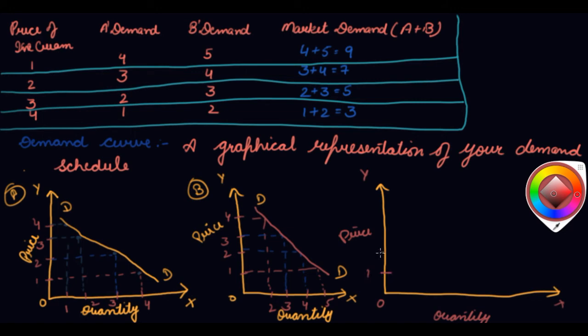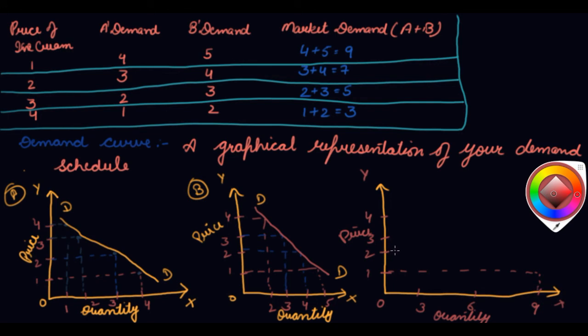Price 1, 2, 3 and 4. Quantity 9, and then let's take it on the scale of 3, 6, 9 and 12, and then further. At price 1, the quantity demanded is 9.